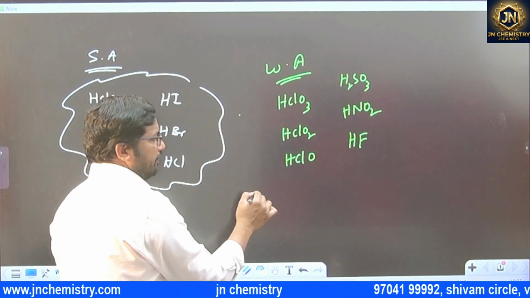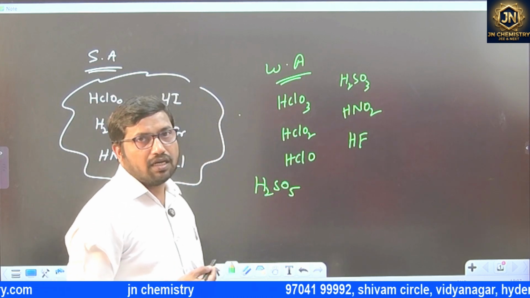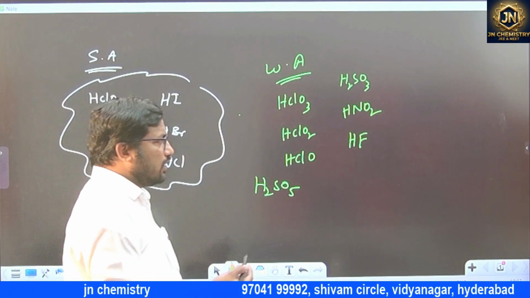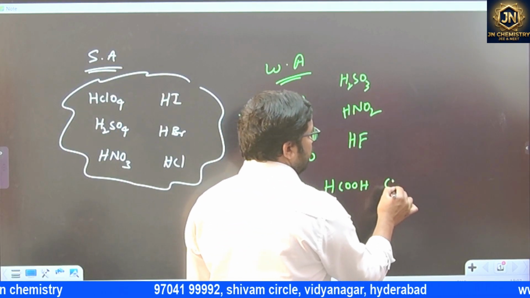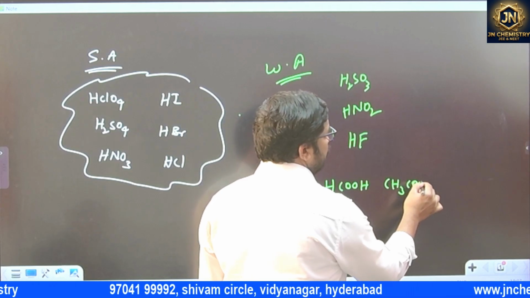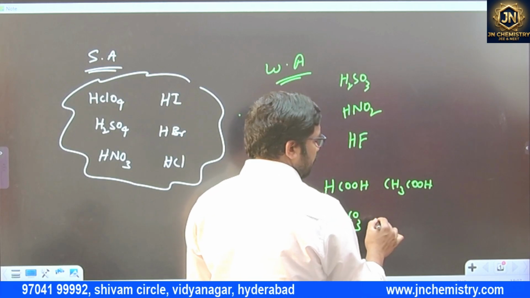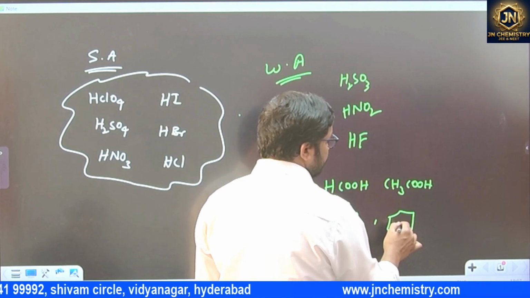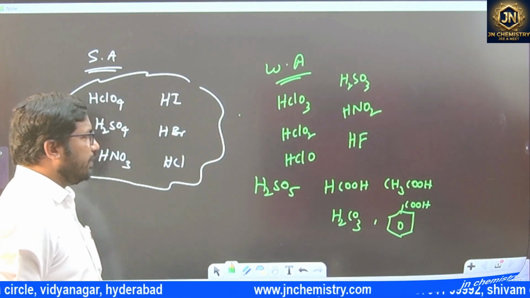H2SO5, all organic acids like formic acid, acetic acid, right, H2CO3 and benzoic acid. All organic acids we need to remember.